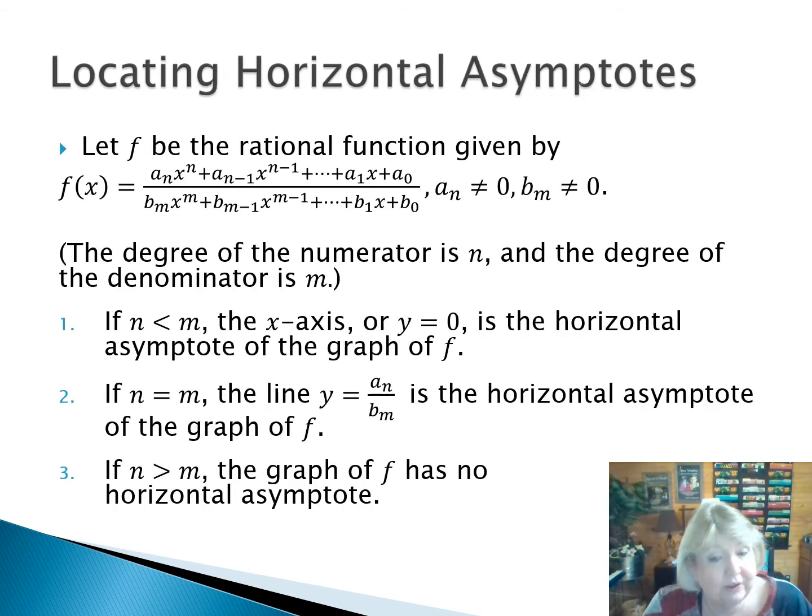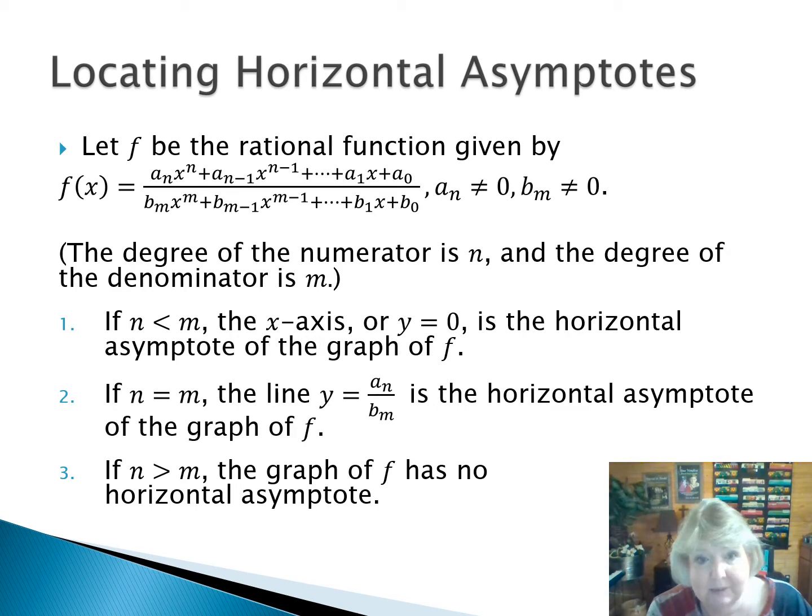Now for the part that strikes fear into many students. It looks terrible, but what it's saying is really not nearly as bad as it looks. If you have a rational function, by definition, you have a polynomial numerator and a polynomial denominator.